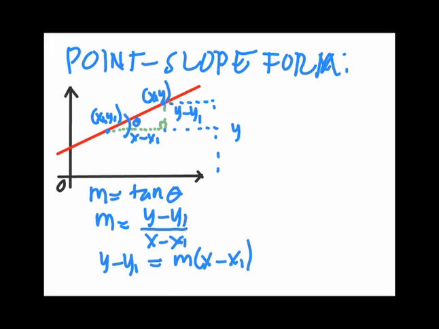This is called the point slope form of the equation of the line. Here, m is the slope, and of course, x1, y1 is a point on the line, x1 being the x coordinate, and y1 being the y coordinate of that point. Again, the point slope form of the equation of the line.